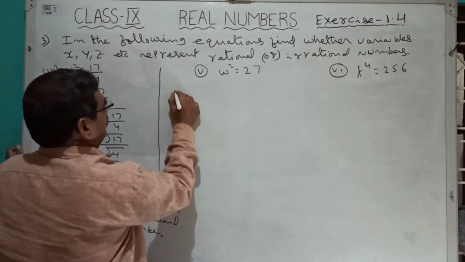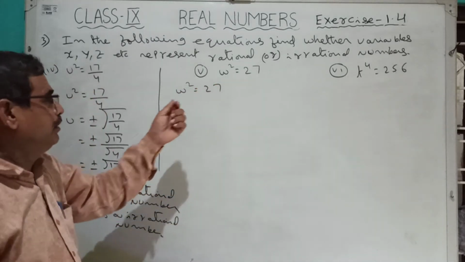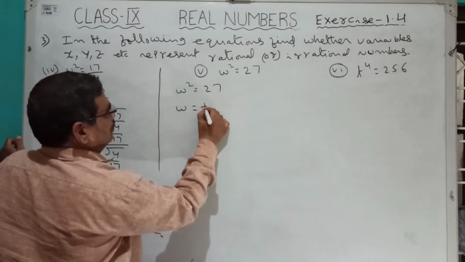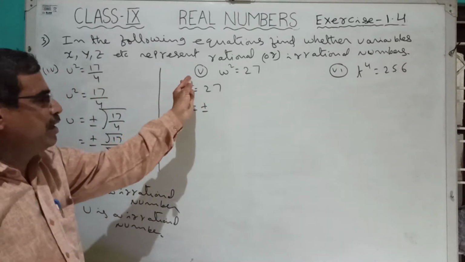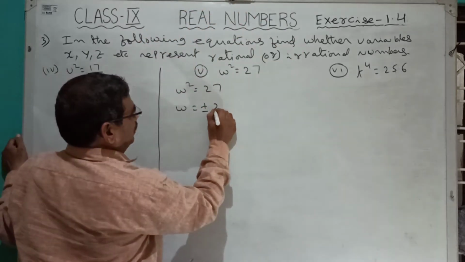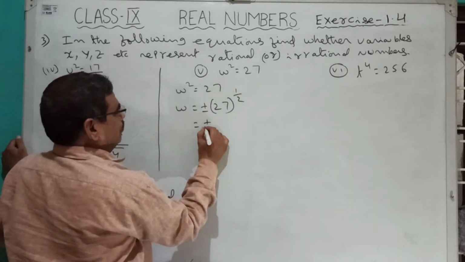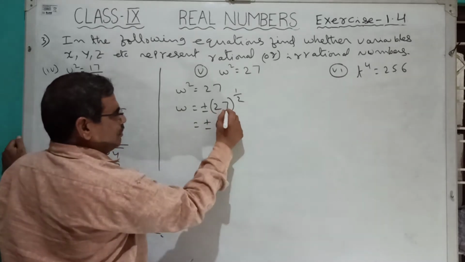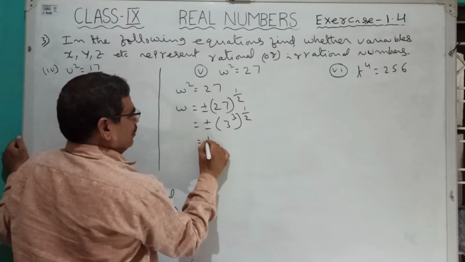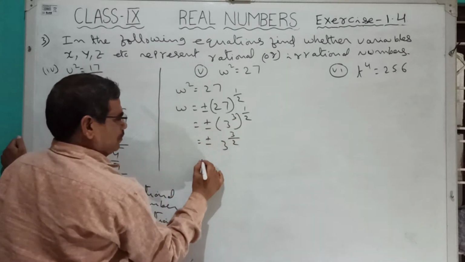Next, w square is equal to 27. Here w is equal to plus or minus, the square goes to that side, meaning power 1 by 2 or square root. We can write power 1 by 2. 27 means 3 cube, so it is plus or minus 3 power 3 into 1 by 2, which is 3 by 2.